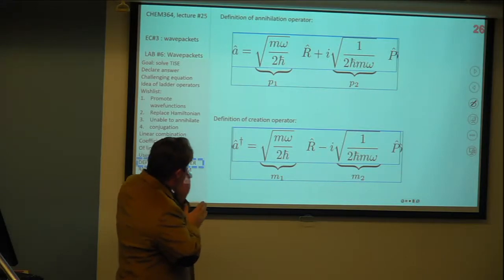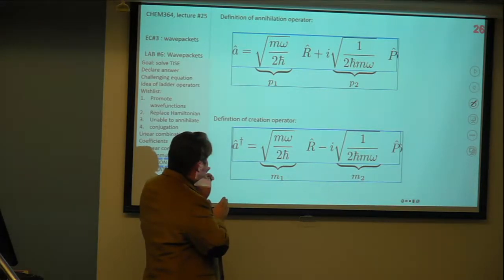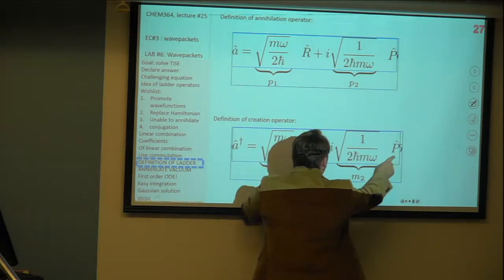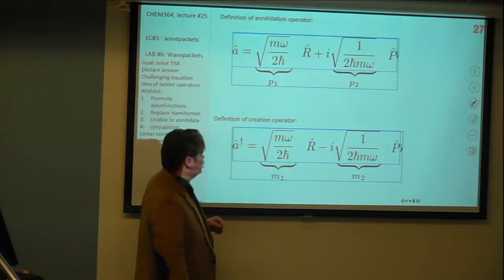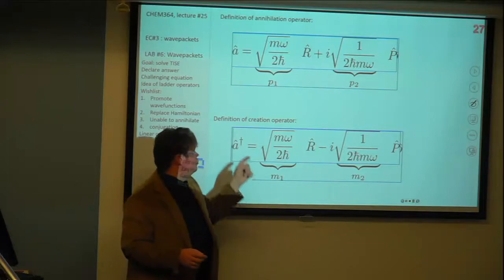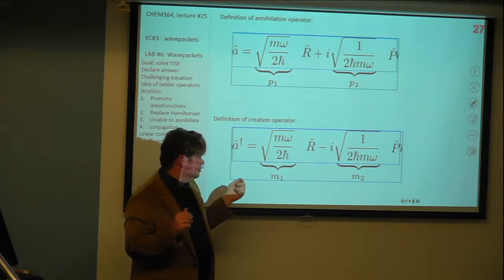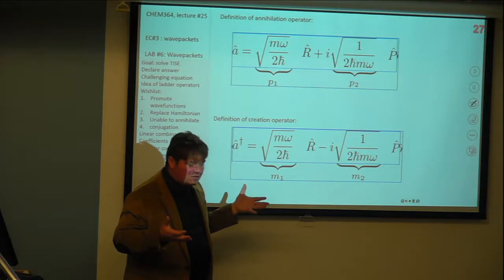So raising and lowering operators can be formulated as a superposition of position and momentum, with coefficients that are obtained by matching the product of the ladder operators and the Hamiltonian. And this is often missed in textbooks.